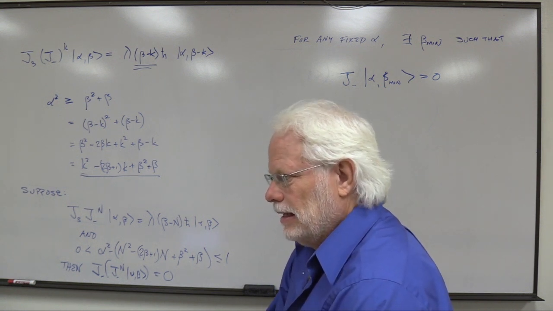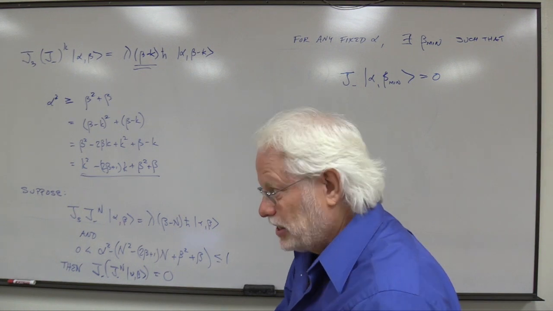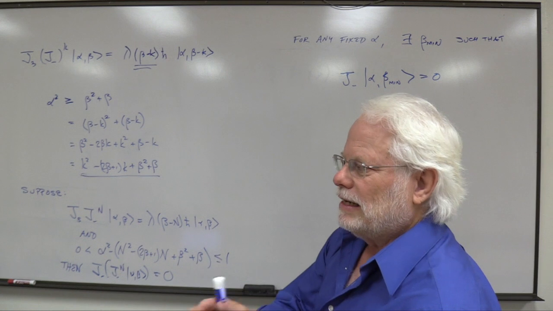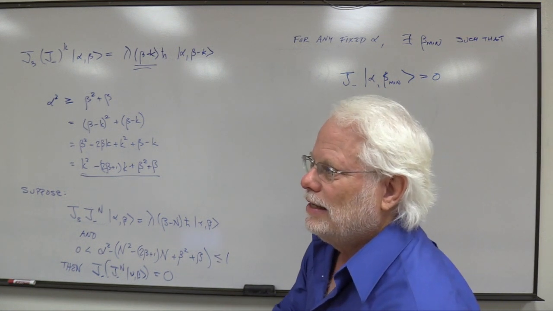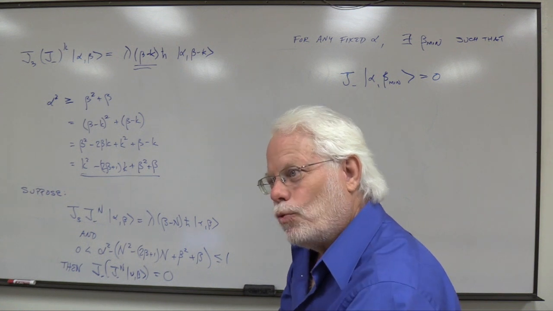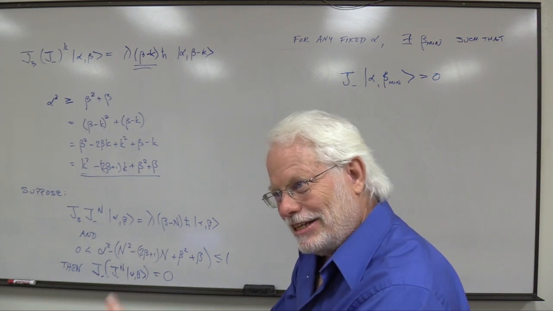Now, that means that j squared commutes with all the Poincare generators, and so we can label all physical states that have Poincare symmetry by their mass and their spin.